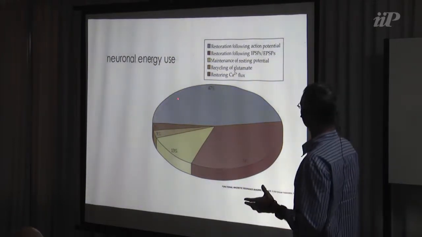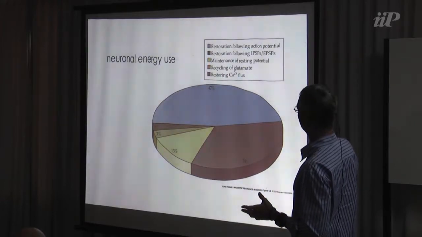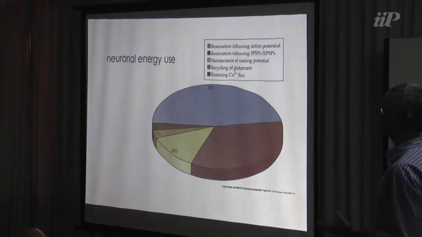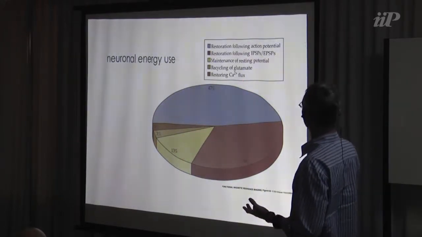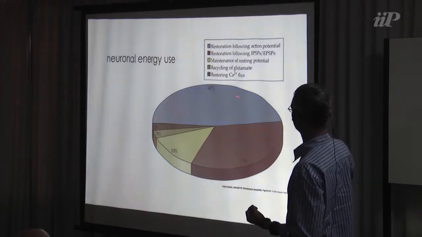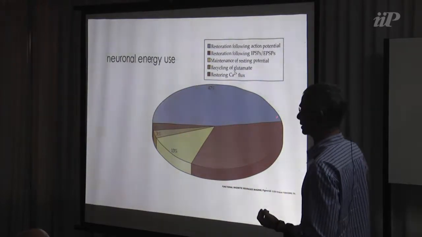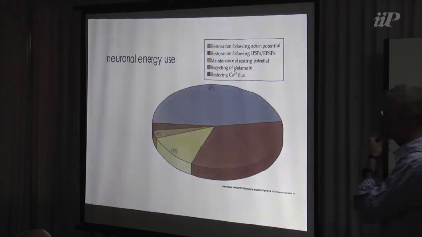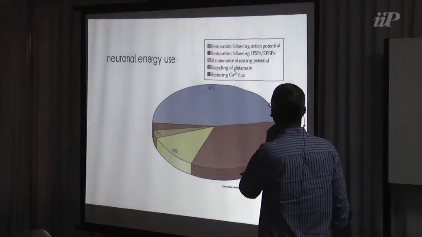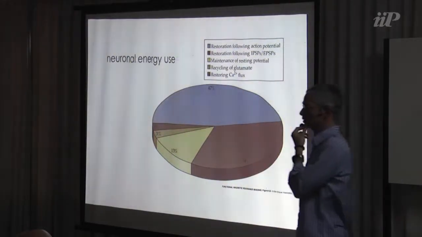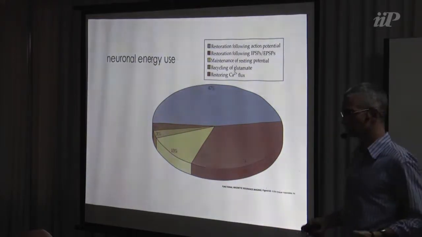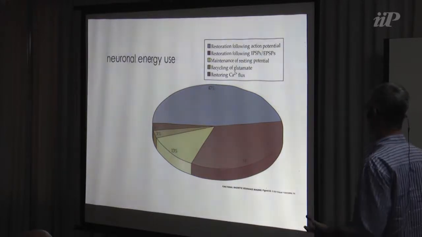If we split the many processes of neuronal communication, and we try to look at how much energy each process consumes, you see that most of the energy that's consumed is used to restore the potential after an action potential. So restoring an action potential is something that consumes a lot of energy.